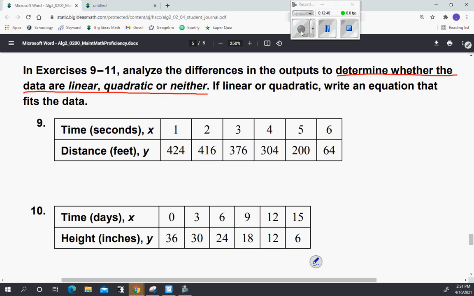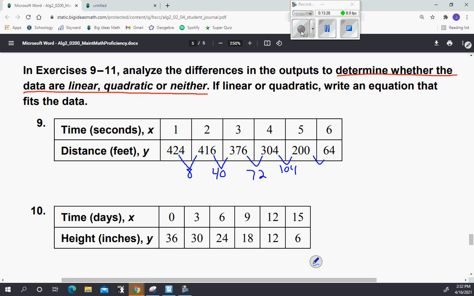The first thing we're going to do is find that first difference. So between 424 and 416, what's the difference? Well, if I took 424 minus 416, I'd just get 8. 416 minus 376, I'm going to get 40. 376 and 304, I'm going to get 72. 304 and 200, I'm going to get 104.